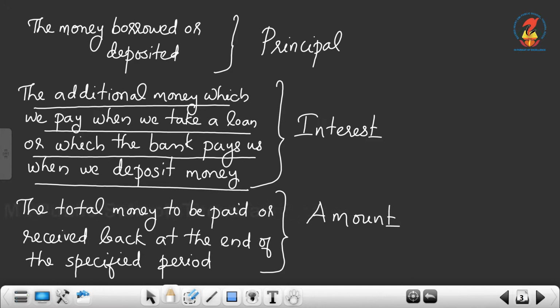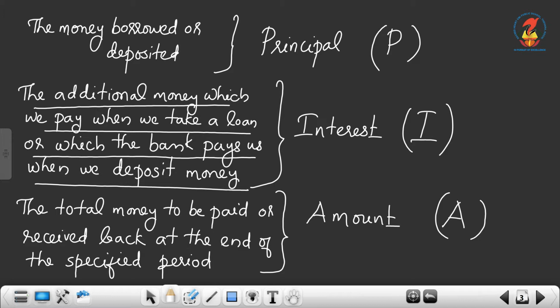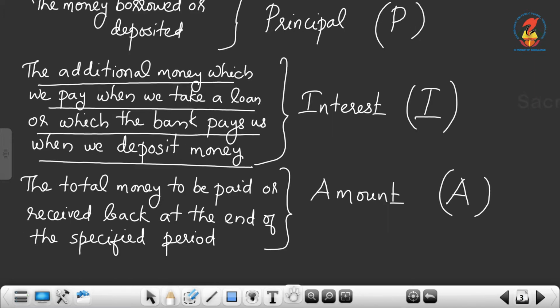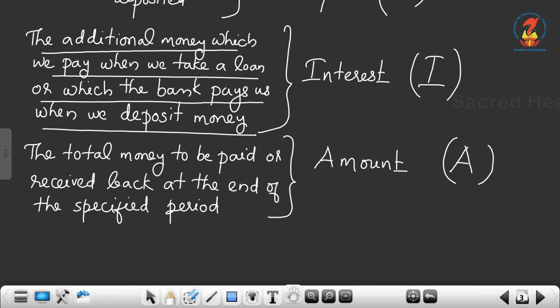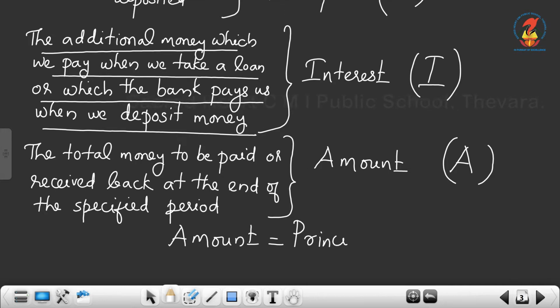Now the principal we denote by the capital letter P, interest by I, and amount by the letter A. Then amount is equal to principal plus interest.